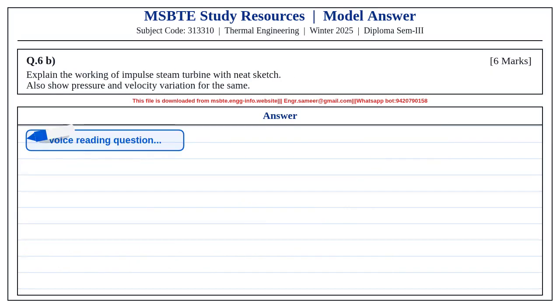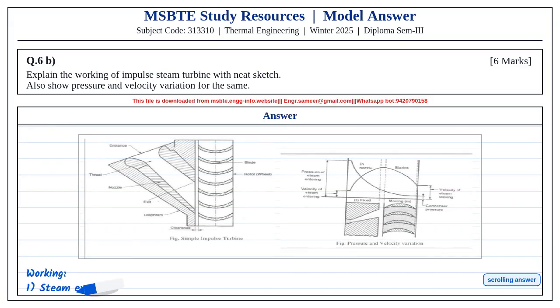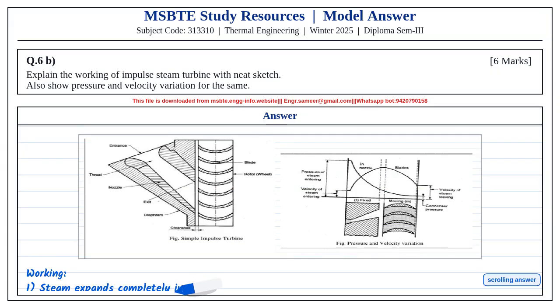Question 6b. Explain the working of impulse steam turbine with neat sketch and show pressure and velocity variation. See the image carefully. You will have to reproduce two sketches in the exam: simple impulse turbine and pressure velocity variation diagram.